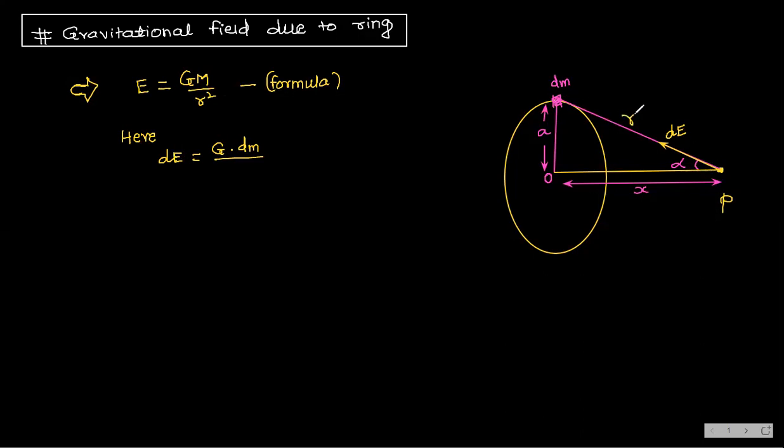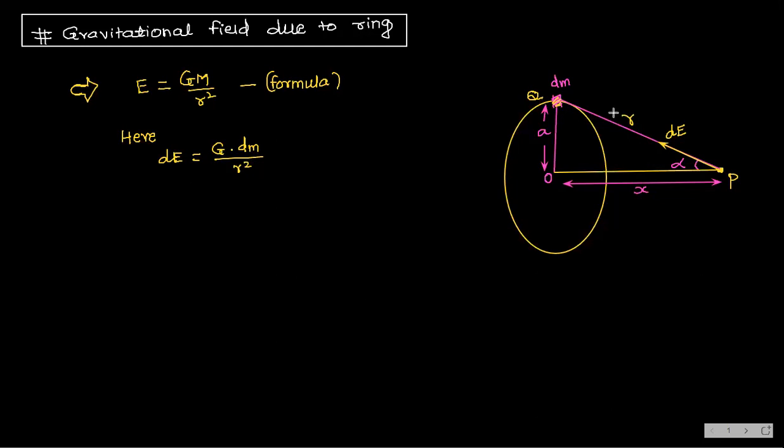Let us assume that this is r. I will write this point P a little bit up. This point I am giving as Q, where I have selected this mass. So dE is G dm by r square. Any doubt? Because this distance is r.